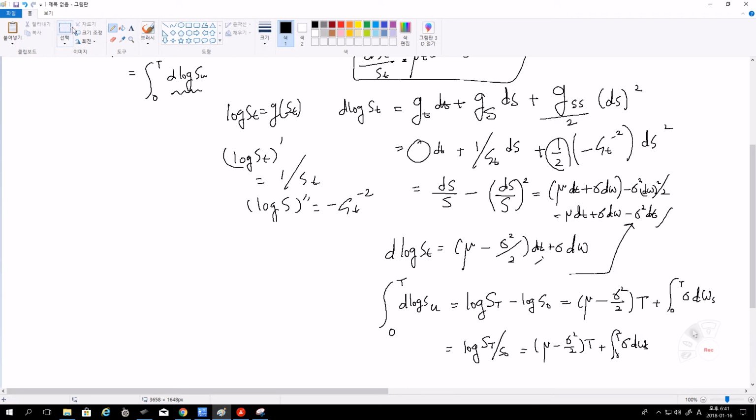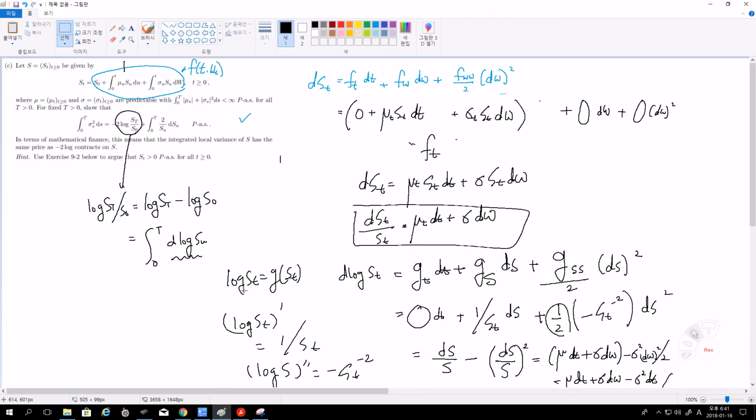Let's move this one over here and clean up this part. Then what you can do is compare this one and this one. So clearly we have this term over here, and then we have this one.